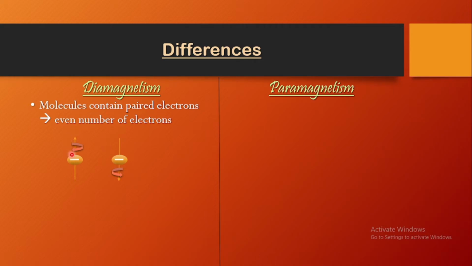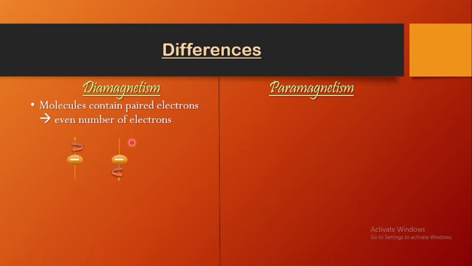One electron is rotating in the clockwise direction, another electron is rotating in the anti-clockwise direction. So we can say that here the spin quantum number is plus half, and here the spin quantum number is minus half. Plus half corresponds to clockwise rotation and minus half corresponds to anti-clockwise direction.